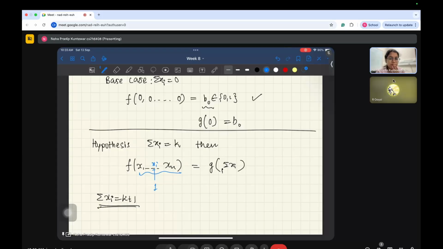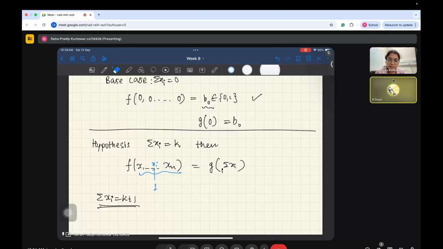Then you could have used induction over, say, n minus one, and then tried to show it for n, instead of proving it for the summation of xi equal to k plus one. We can try to show it for the summation of xi equal to k, and the hypothesis would be that it is true for the summation of xi equal to k minus one.